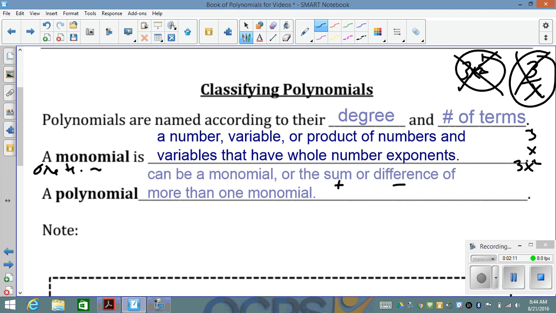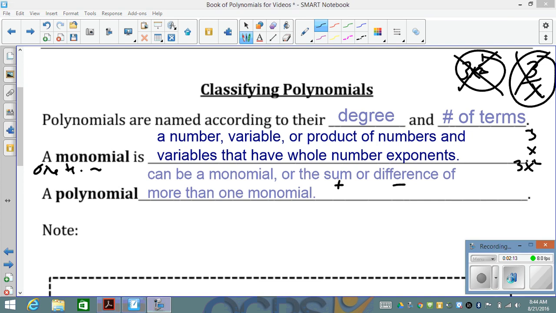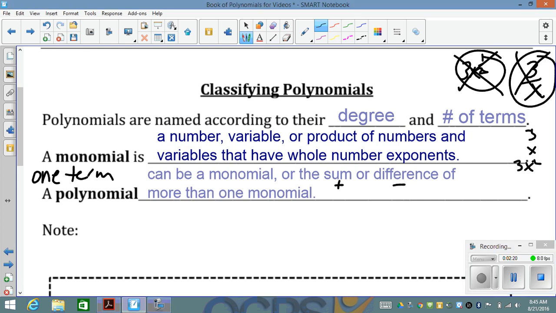A polynomial is either one term or it can be more than one term. So for example, we could have 3 plus x. That is a polynomial. It's not a monomial. It is two terms. It is the sum of two monomials.